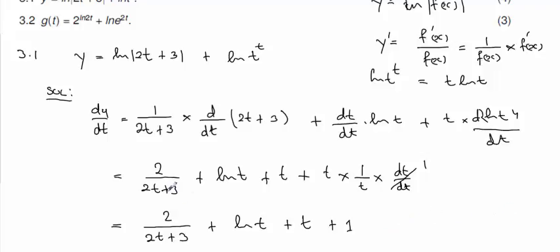Okay, getting to number 3.2, in this case, we've got g of t, which is 2 to the ln of 2t multiplied by ln of e to the power 2t.